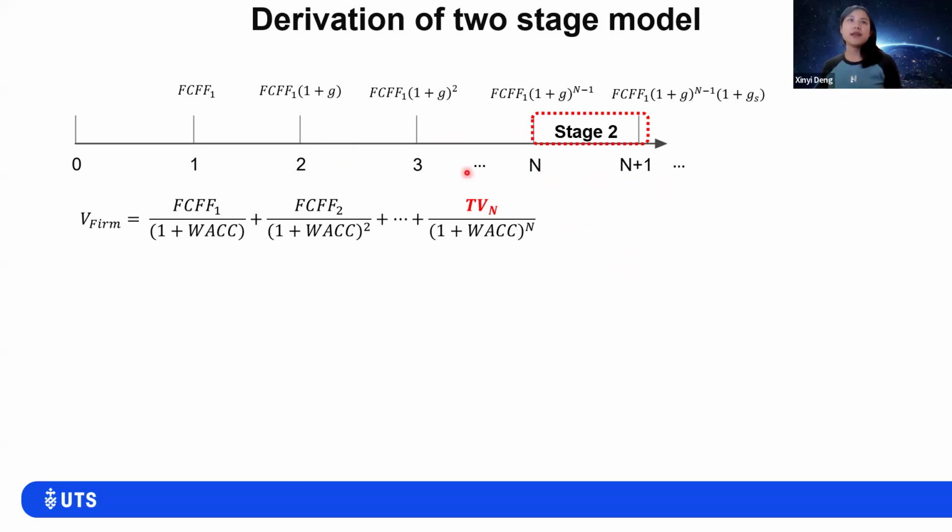Let's assume that for this certain security, its first stage of high growth continues until the end of period N. It stops at the end of period N, and its second stage starts from the end of period N. The growth rate for the first stage is G, and the growth rate for the second stage is GS, and GS is smaller than G.